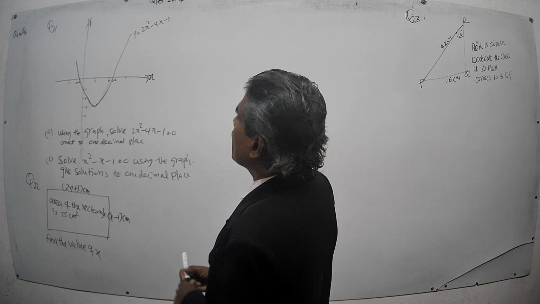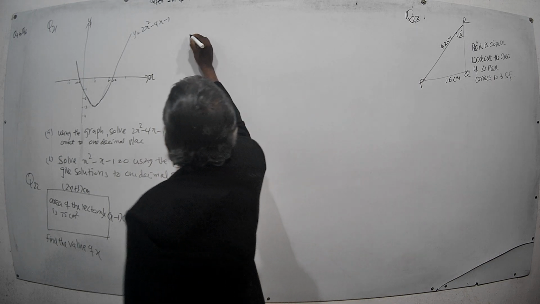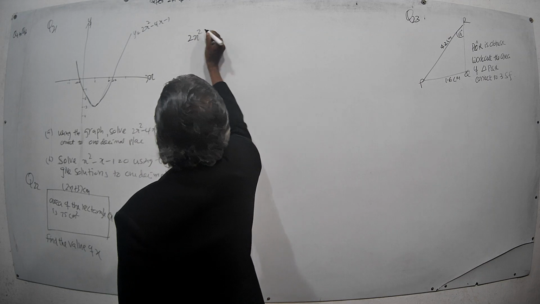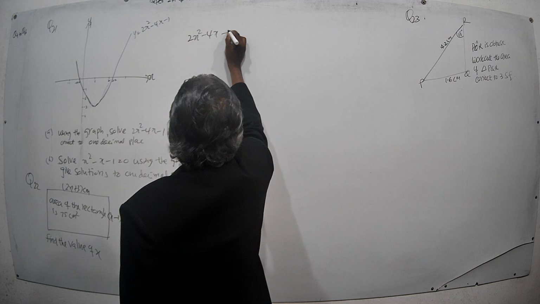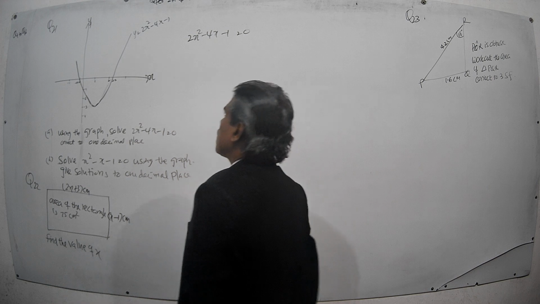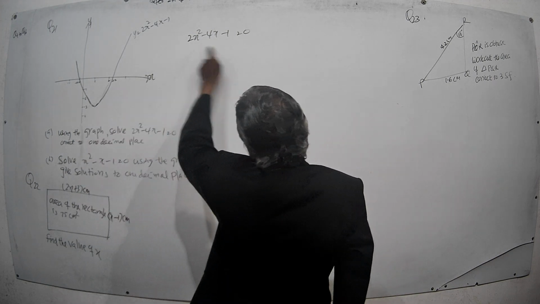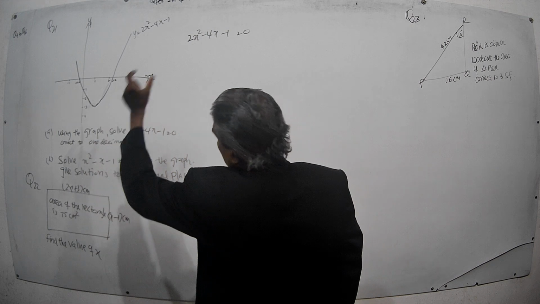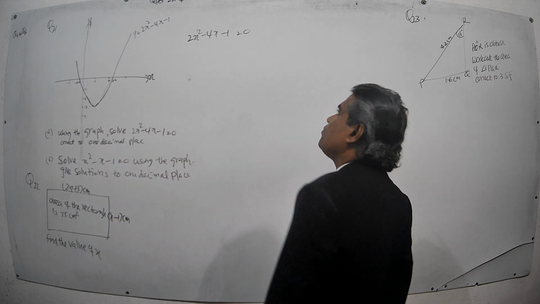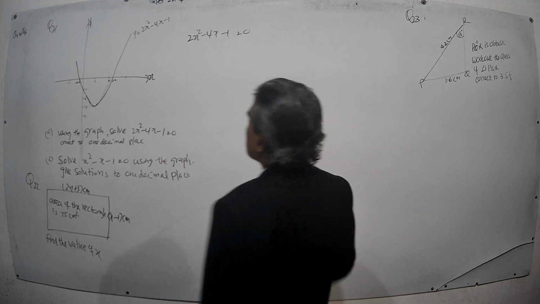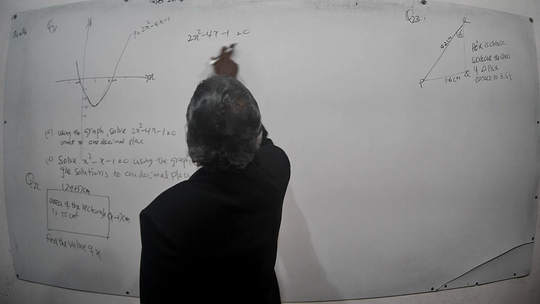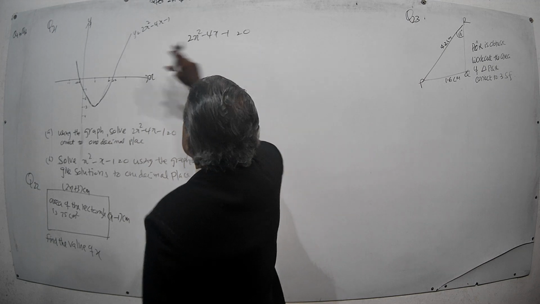Now you are asked to solve the equation 2x squared minus 4x minus 1 equals 0. You have to solve this quadratic equation by using the graph. Now compare this quadratic equation with the graph equation.